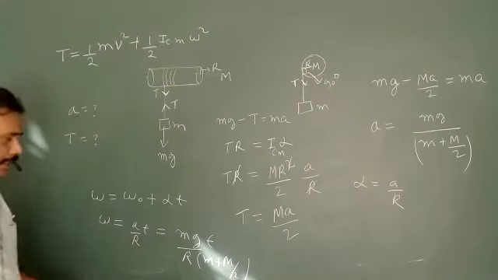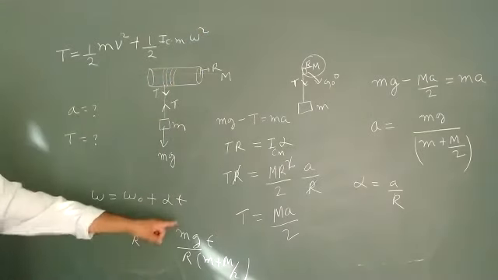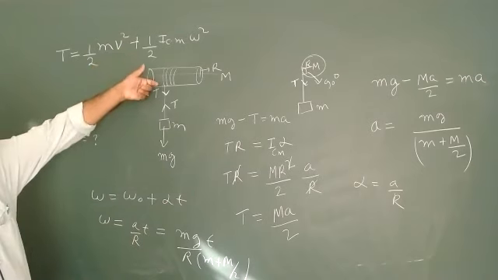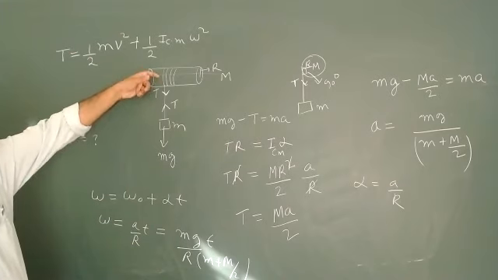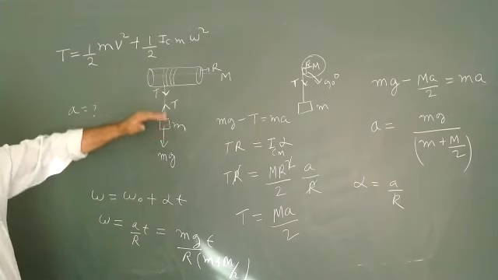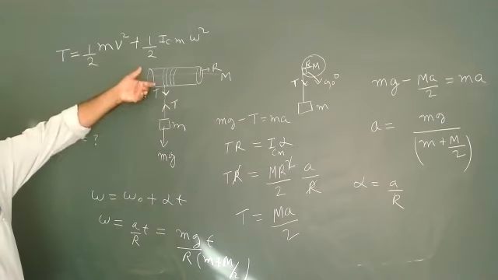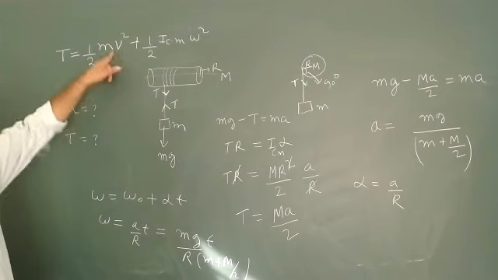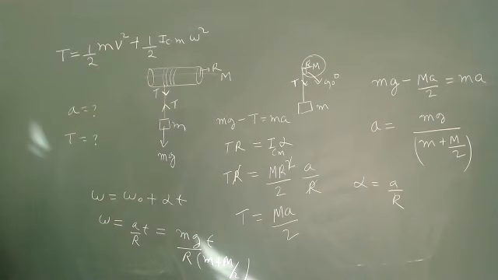We have the value of omega, but we also have a relationship between omega and R, because it is a pure rolling case. As it turns, it will go downward, so the relationship between V and omega is always there. What is the relationship between V and omega for pure rolling?